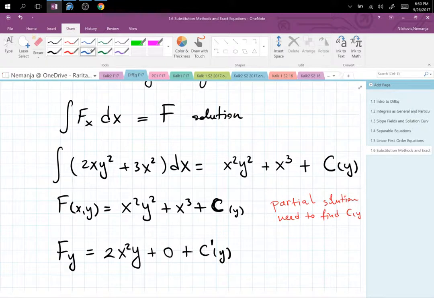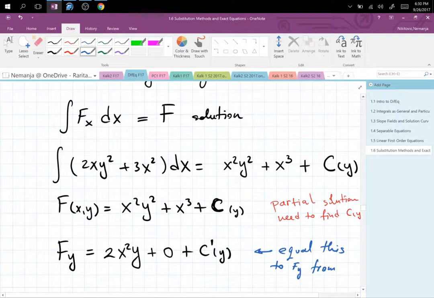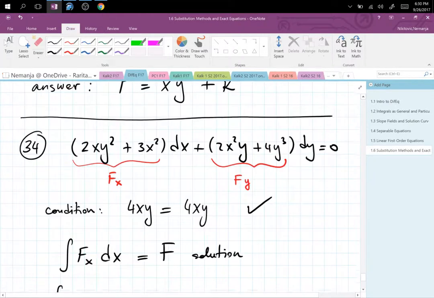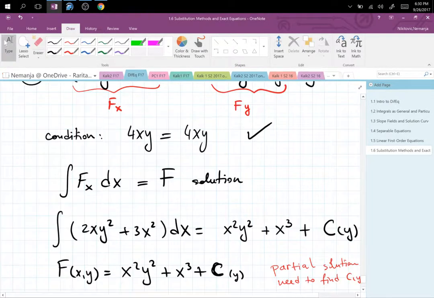Now I equal this to fy from the problem. So on this side, I have 2x squared y plus c prime of y. On the right-hand side, I have 2x squared y plus 4y cubed.